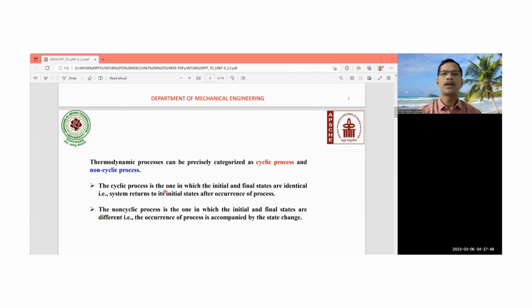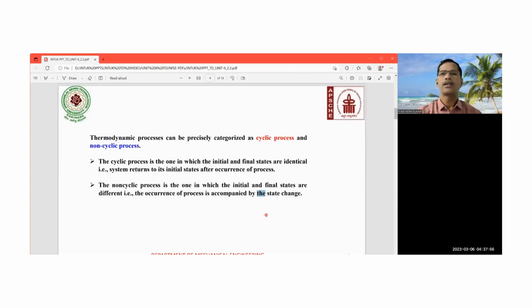A cyclic process is one in which the initial and final states are identical. That is, the system returns to its initial state after the occurrence of a process.